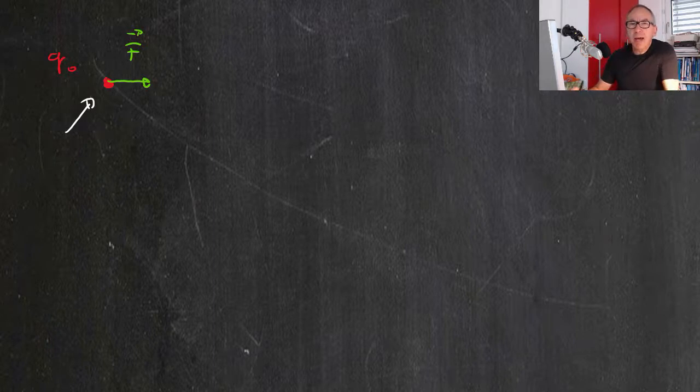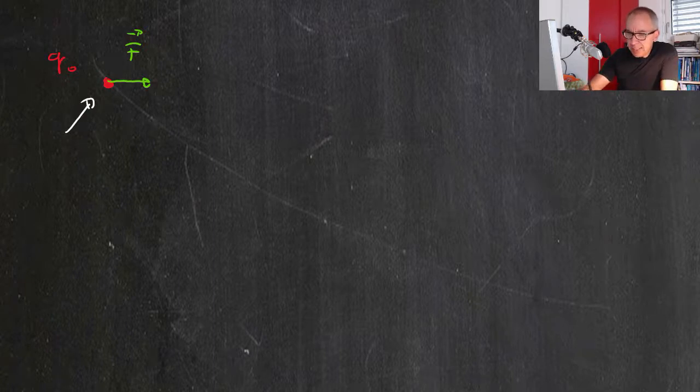Well, why is it pulled? There has to be an electric source somewhere. So it might be a negative charge over here, so it is attracted, but it also might be a positive charge on the left-hand side, so it is then repelled. We don't know.